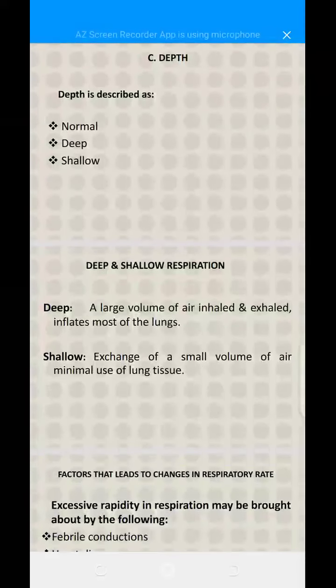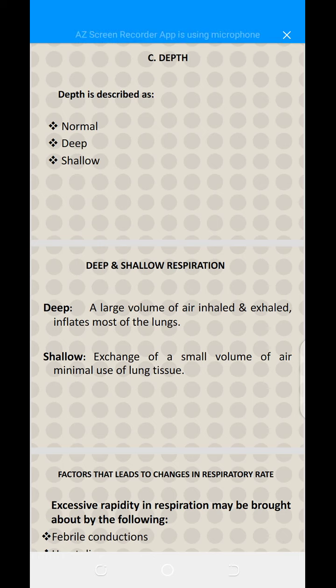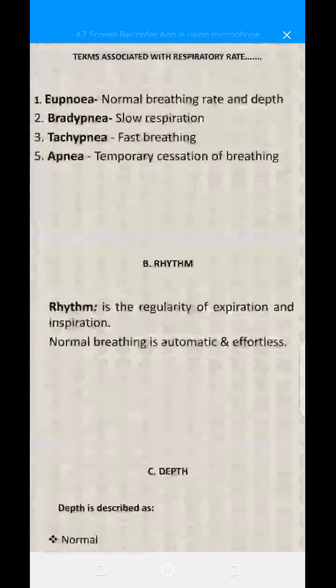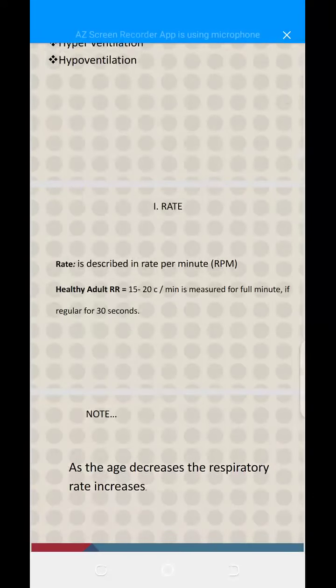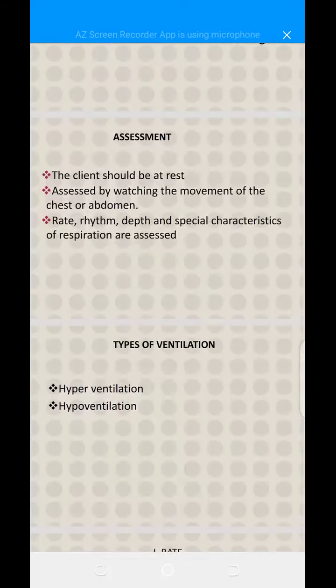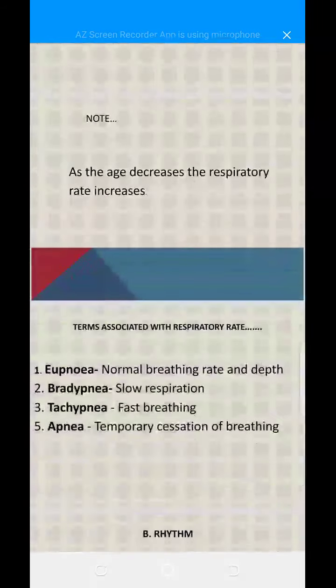Then the third is depth. The depth is also expected to be noticed, that is whether the respiration is normal, deep, or shallow. These are the three things you need to understand in the assessment of respiration.